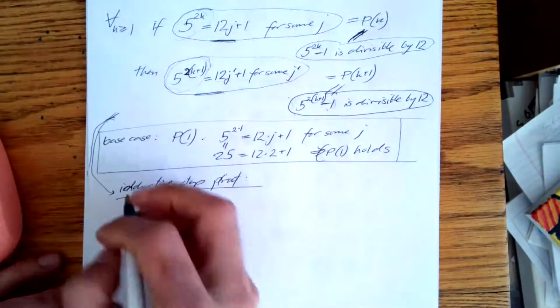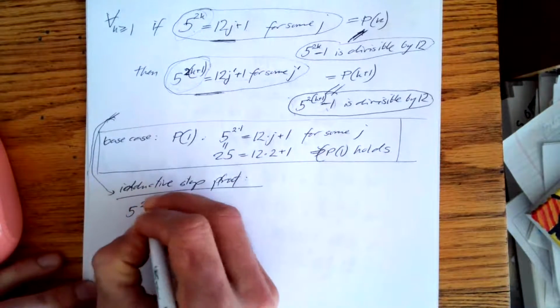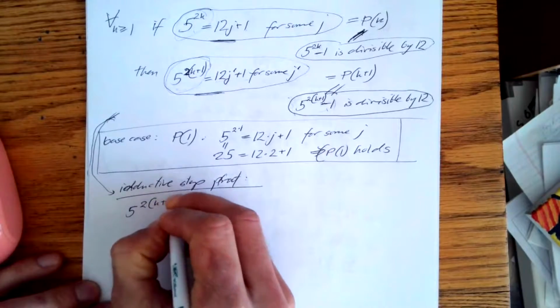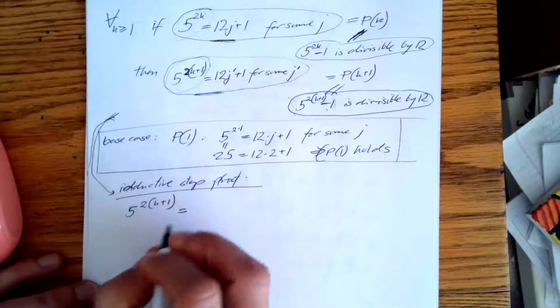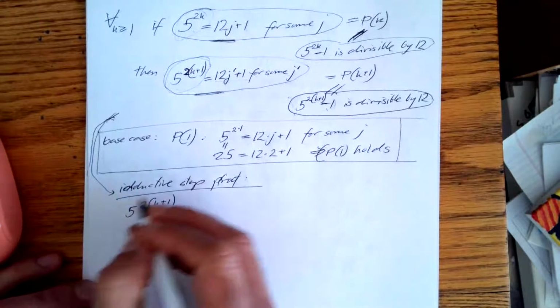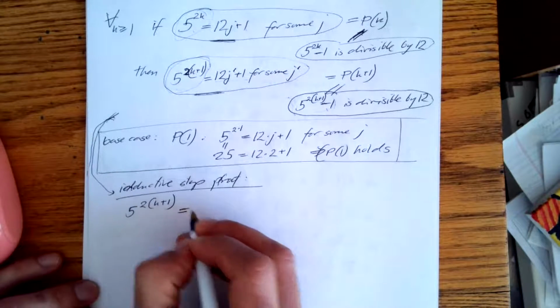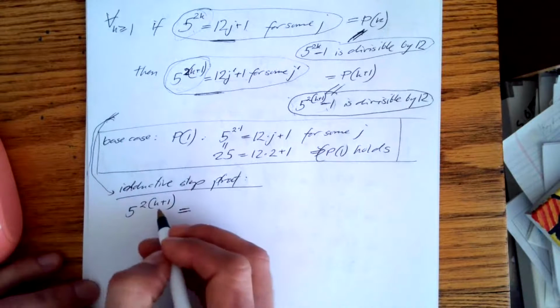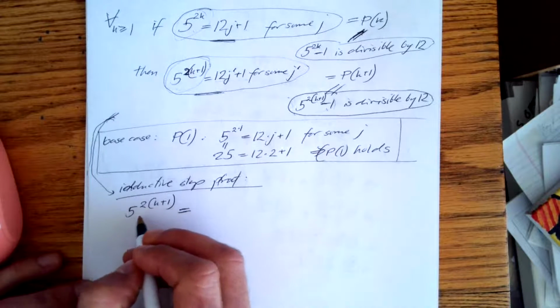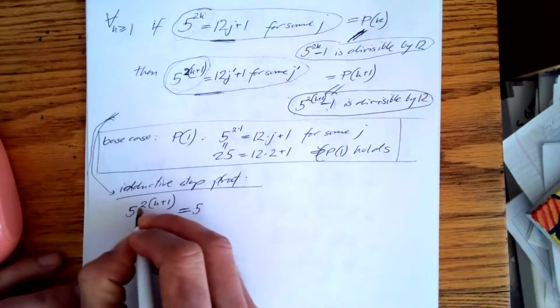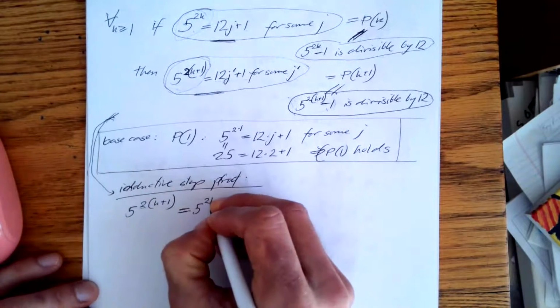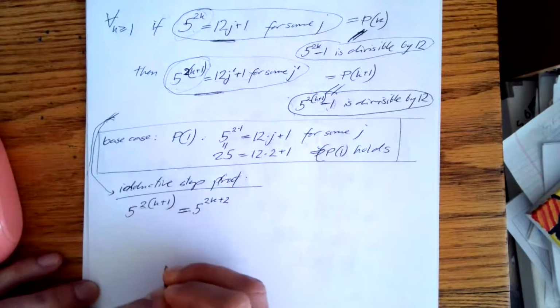Okay, let's try this. So we have 5 to the 2(k+1), and let's work it so that we can see what this is. You had that chapter to read about functions, in particular about exponentiations and logarithms. So you should know that this is just a multiplication, that the exponent is 2k plus 2.